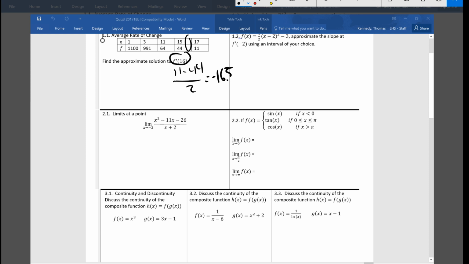And then in our next one, we approximate the slope, and the 2 points I used were -1 and -3, and you just plug those into this function and get the slope.